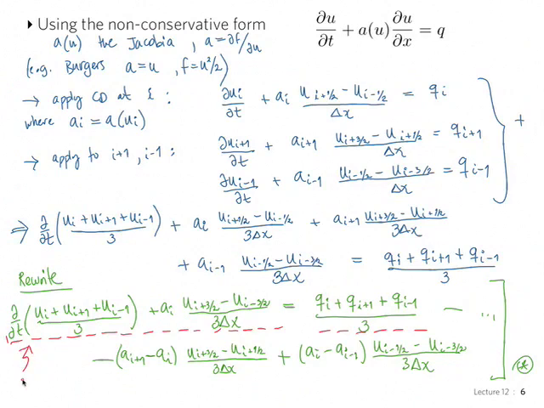Only these terms would appear on a direct discretization on cell AB. So we have additional terms here.